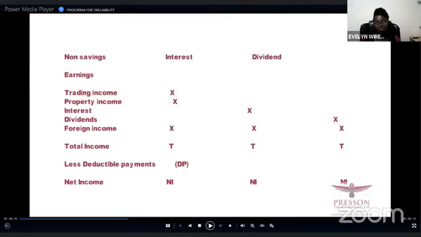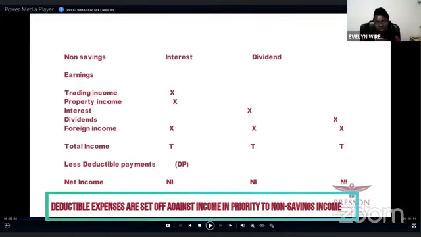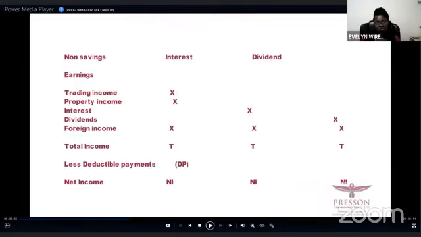So after we've got the total income, we deduct the expenses. But we do it in priority to the non-savings income. So that will take the expense first. And if any of them is left, we carry it to be deducted from the interest income and then the dividend, in that priority.